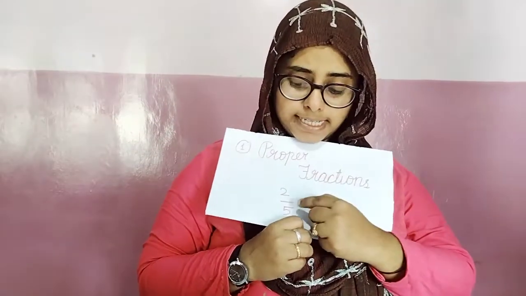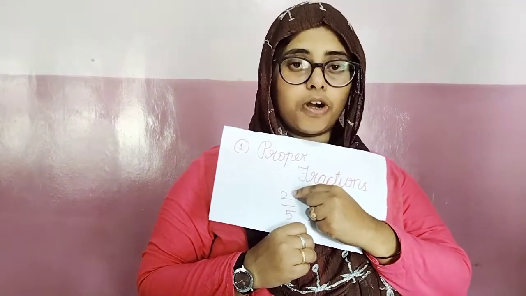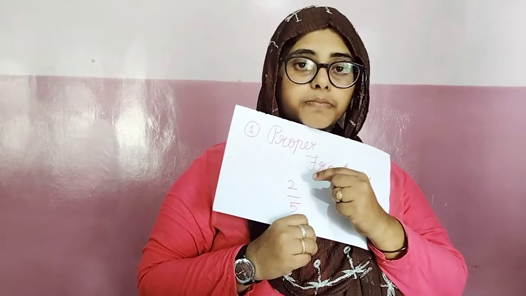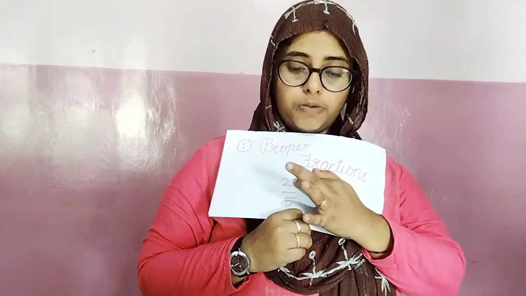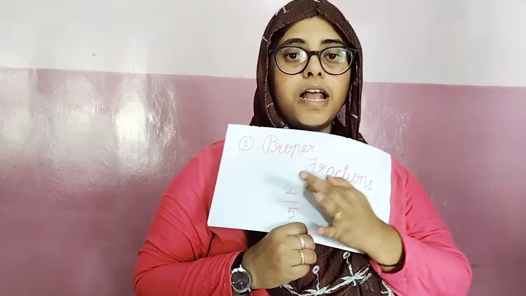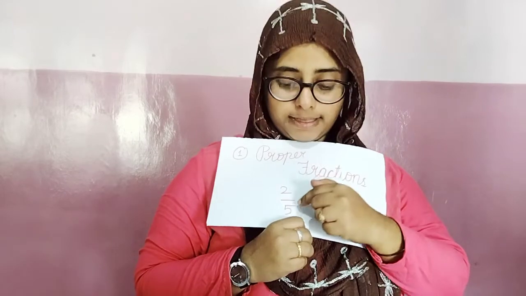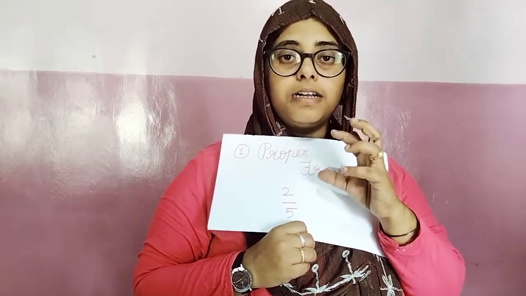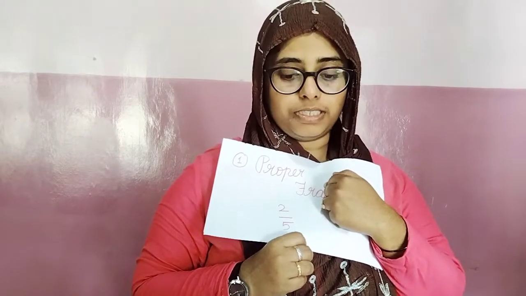For example, consider these are the number of people and these are the number of chocolates we have. So find the number of people to be distributed with 2 chocolates. So the numerator is small and the denominator high. This is a proper fraction.